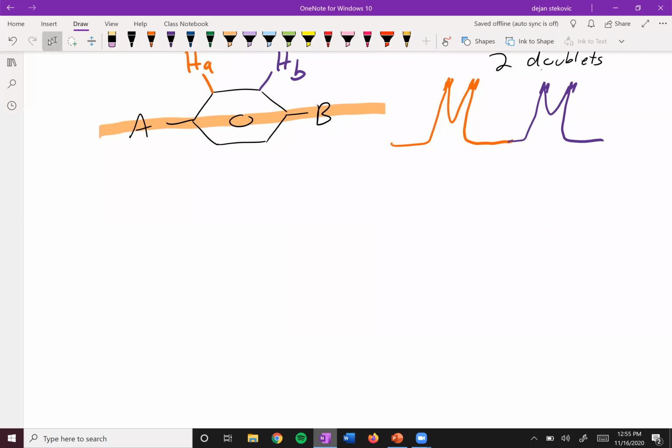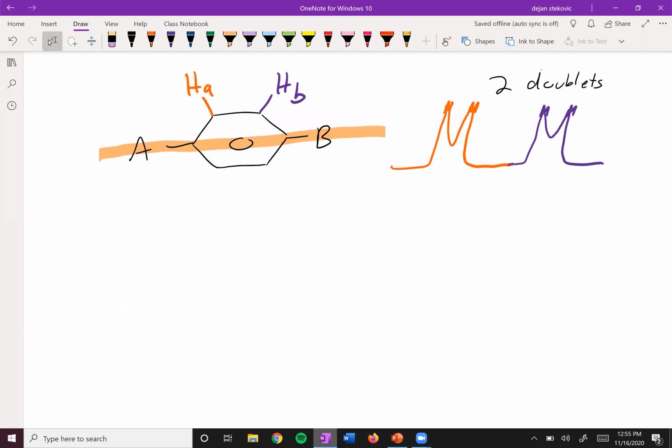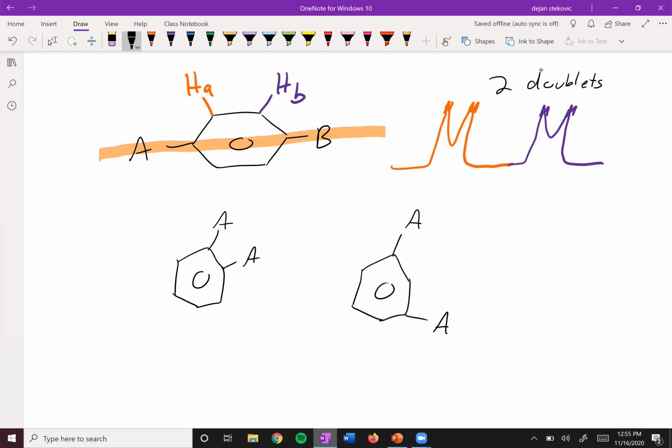Of course, if you have 4 protons in the aromatic region, it doesn't have to be this 1,4 di-substitution. You could also have 1,2 or 1,3. And so if your substituents here are the same, it's relatively easy to tell, right? These 2 protons will be the same, so that'll be 1 peak. And then these 2 protons will be the same, so that'll be a 2nd peak.